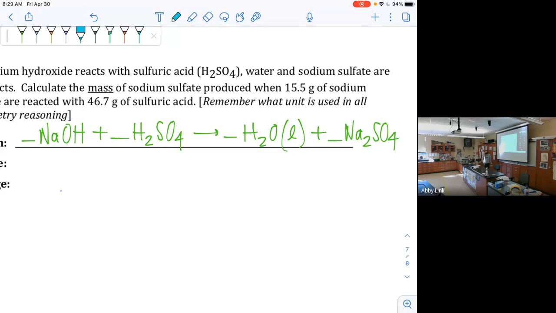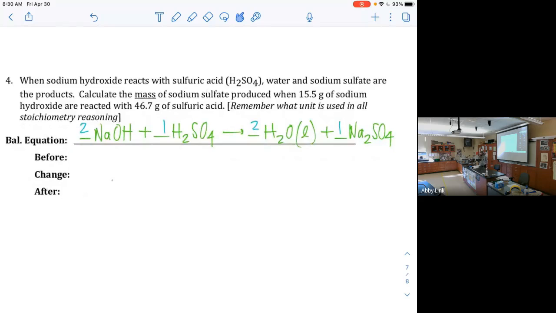All right, let's see. 2, 1, 2, 1, I think, is how we balance that out. All right, so it tells us that we are starting with 15.5 grams of the sodium hydroxide and 46.7 grams of the sulfuric acid. And they want the mass of sodium sulfate, okay?